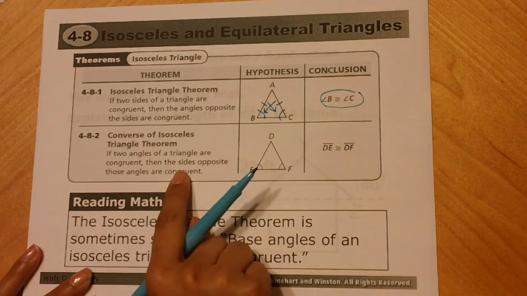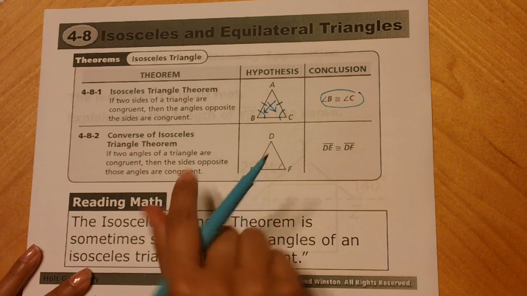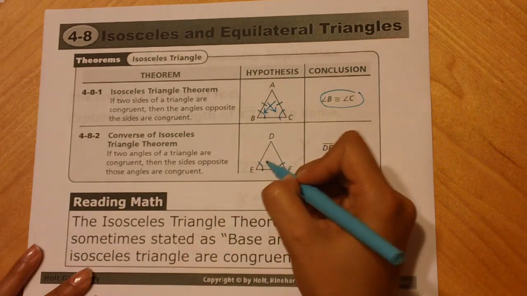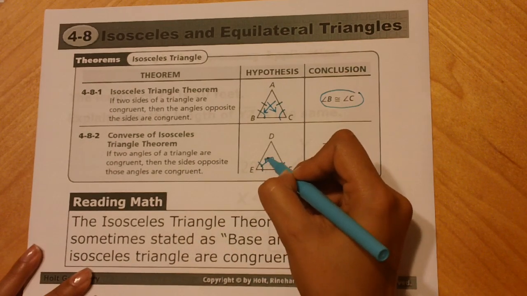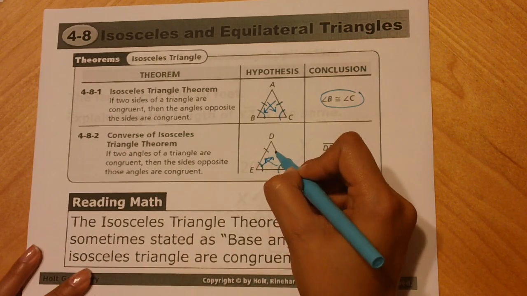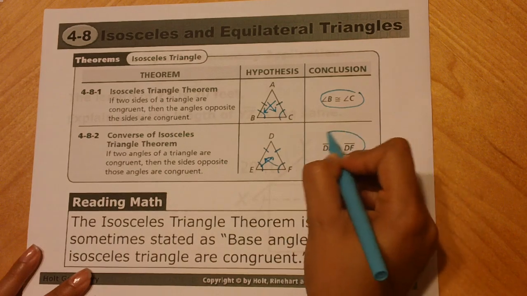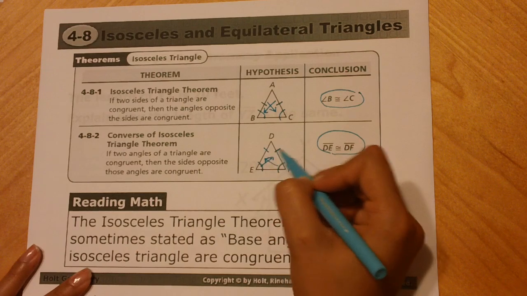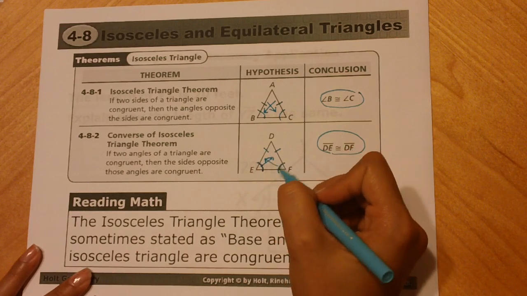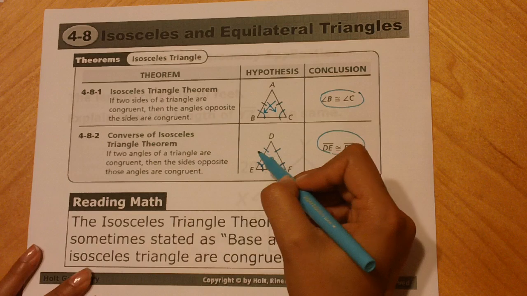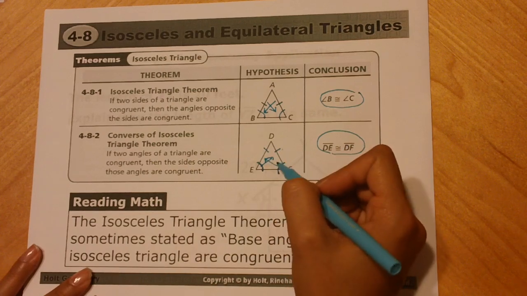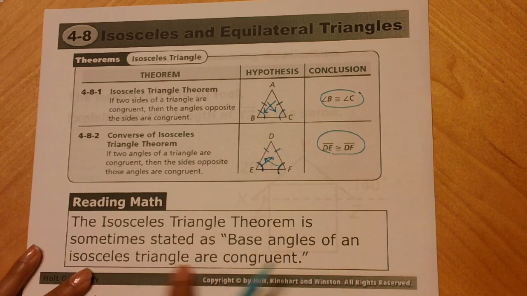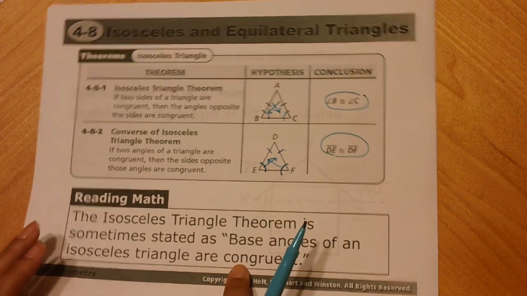The converse of that is, so now I'm going backwards, if I have two angles that are the same, then the sides opposite of those two angles are the same. So those sides are congruent. Not the same as the angle, but the same as each other. So if these two are the same, then I can say that these two distances are going to be the same. And sometimes it's called the base angles of an isosceles triangle are congruent.